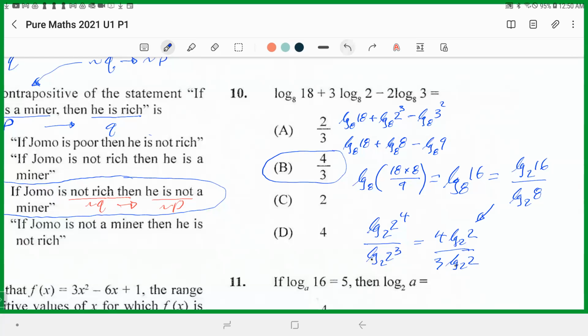They cancel each other, so you end up with 4 over 3. Maybe I did too much work somewhere along the way. Log to base 8 of 8 is 1. But in any case, that is it.